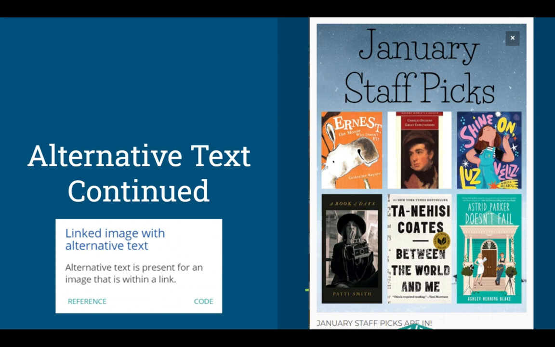They don't know what books are being recommended because our library website isn't making that accessible. And think to yourself, well, the medical model says, oh, well, too bad, they can't access this. The social model says we need to do better with our alternative text so that every patron is able to access the staff picks.